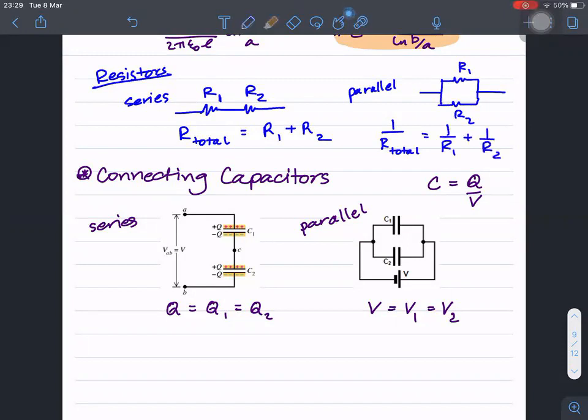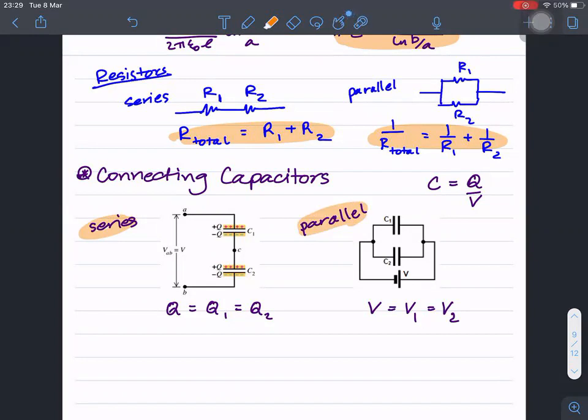How to prove these relationships, you can find the details from the last lectures. Now we consider how to find the total capacitance C when we connect capacitors in series and in parallel.